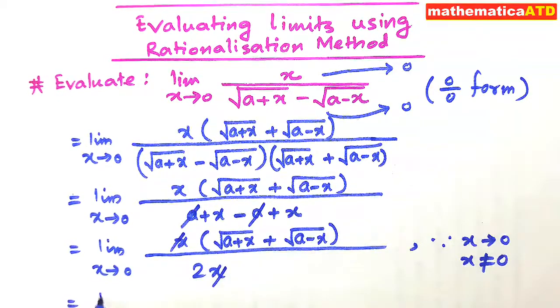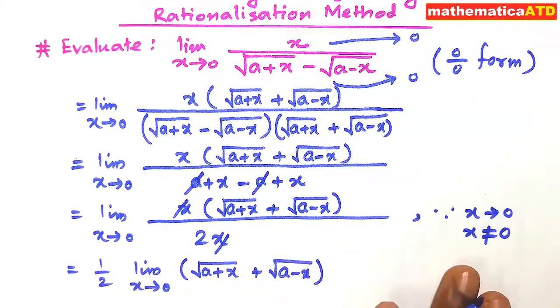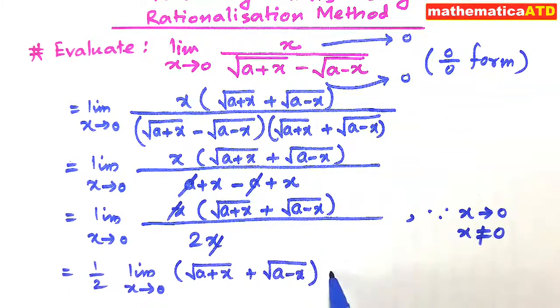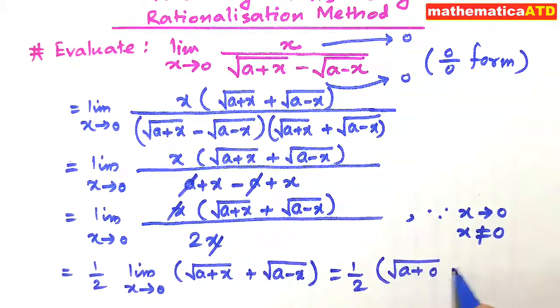There is half. So half limit x tends to 0 of root over a plus x plus root over a minus x. So friends, what are we getting here? From this we are getting half into, just putting the limiting value, root over a plus 0 plus root over a minus 0.